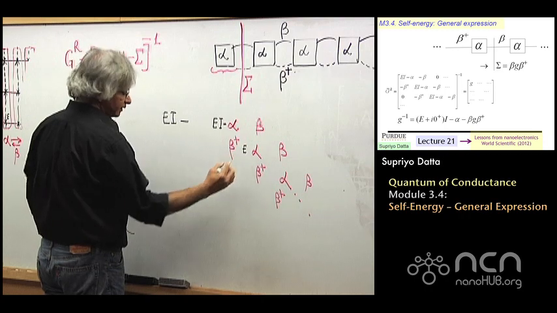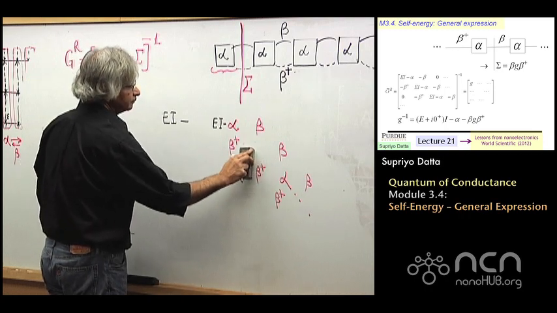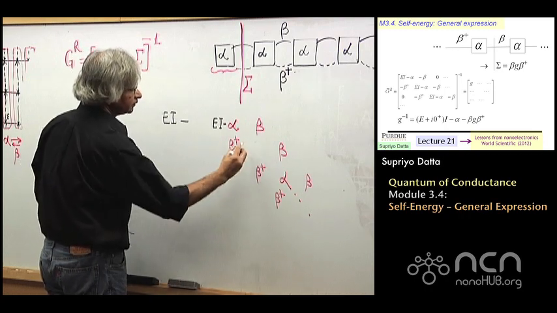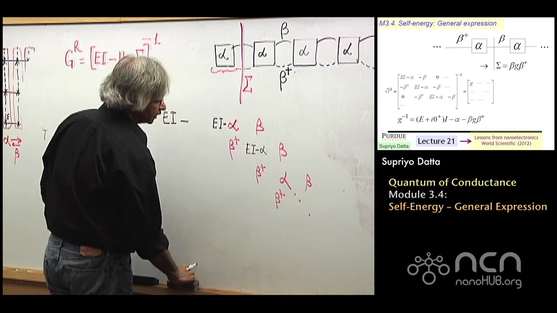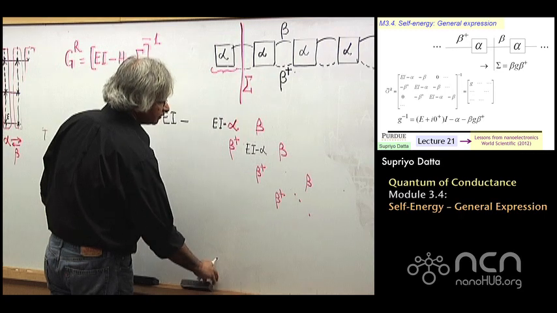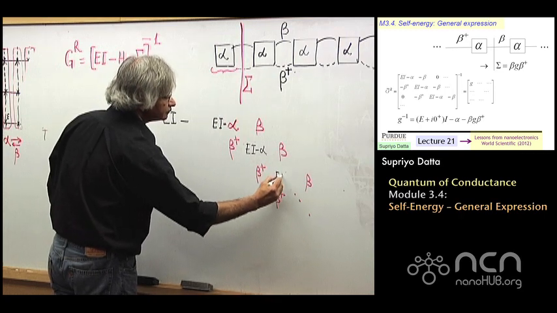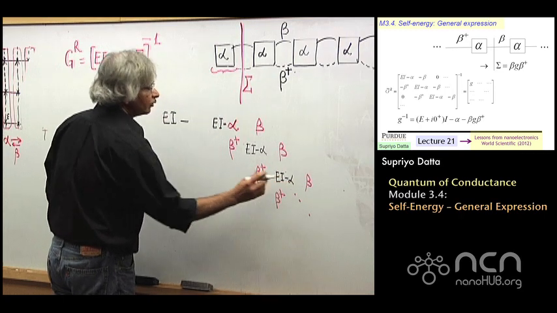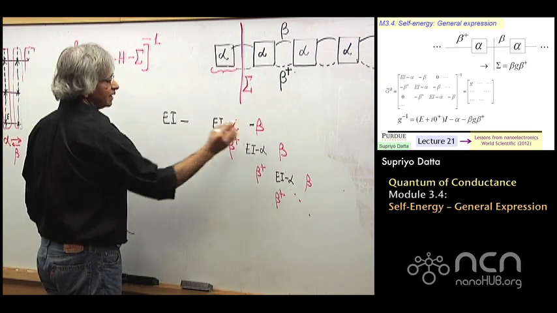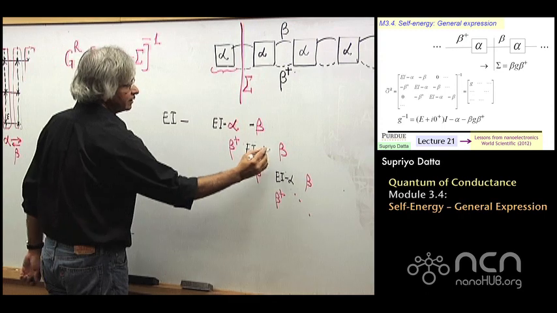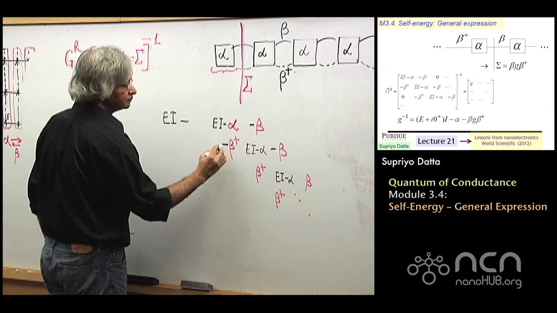Similarly, here I get EI minus alpha, and here again the same thing, EI minus alpha. And all the upper and lower diagonals will pick up a minus sign, because from this I'm subtracting that. So I'll put a minus sign there.